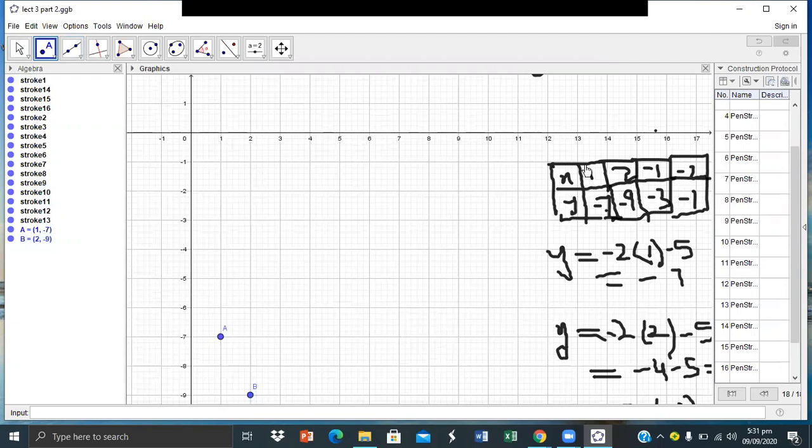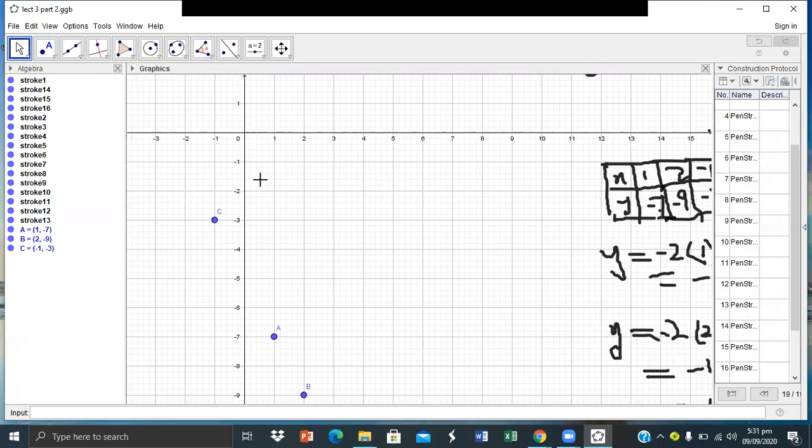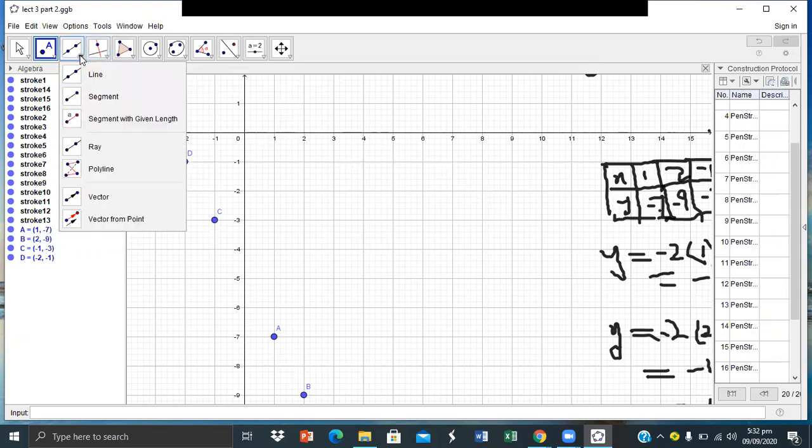Same way, x equals minus 1 and y equals minus 3. And then x equals minus 2 and y equals minus 1. If you can see that all four points lie on a straight line, it means that we found the correct values and we plotted them properly.